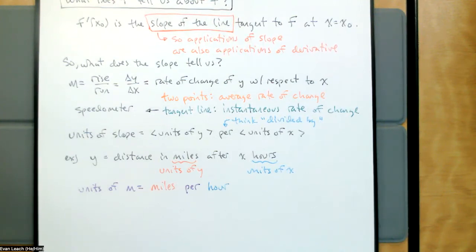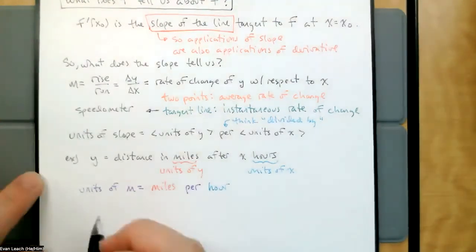Then you look at what those units represent and say, oh, we are measuring speed. Speed is the rate of change of distance with respect to time. So this makes sense with stuff that we already know.